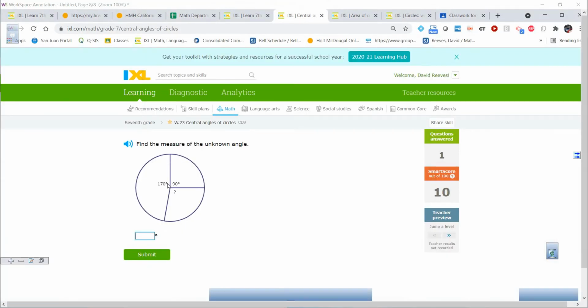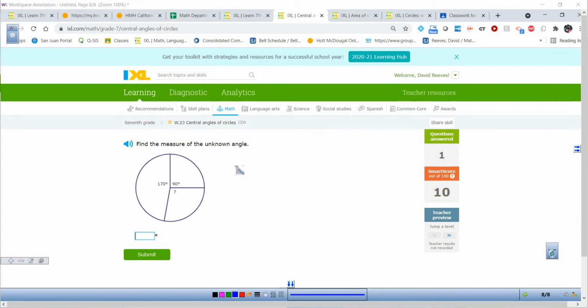This one right here, again, they've divided into 3 sections. Our first one is 170. Our second one is 90 degrees. By the way, remember, a 90-degree angle is called a right angle, just telling you. All right, you add those two together, 17 plus 9 is 26. That tells me I have 260 degrees total.